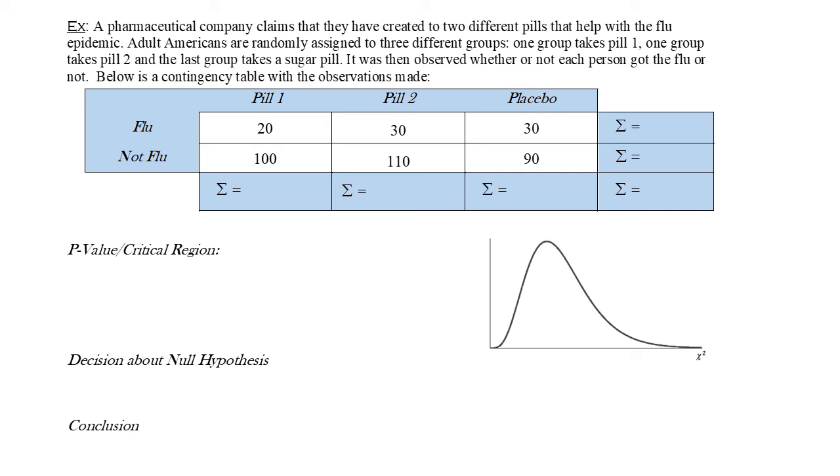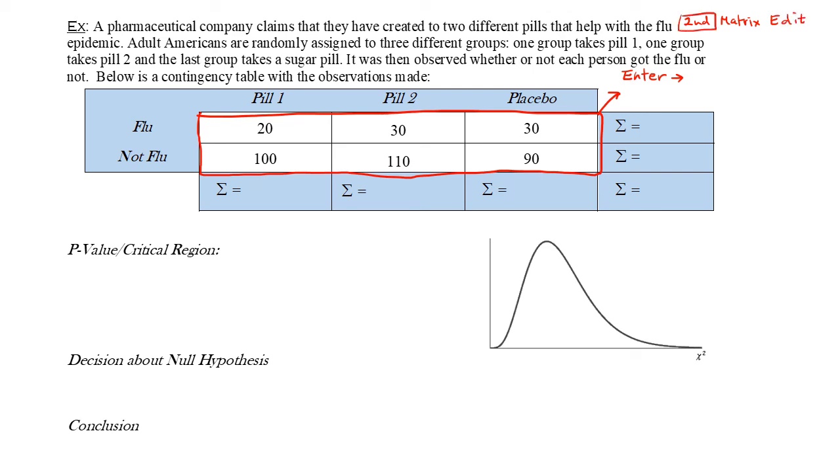So let's have our calculator compute the p-value for us using the chi-squared test. Before we do that, we're going to enter all these values into a matrix. In this case, it'll be a 2 by 3 matrix: 2 rows, 3 columns. On your calculator, you'll go to second, matrix, and then edit.